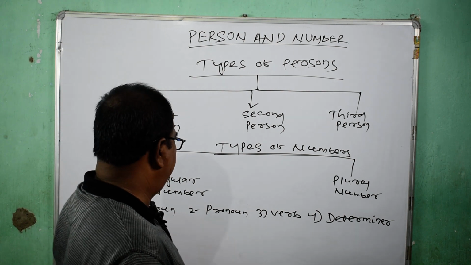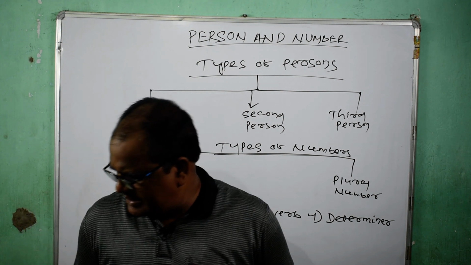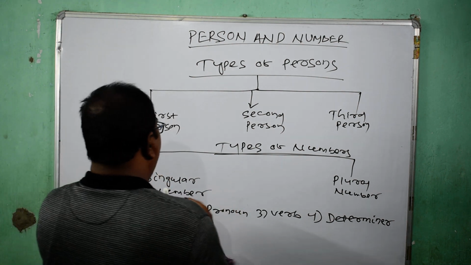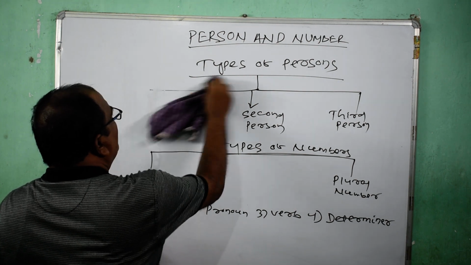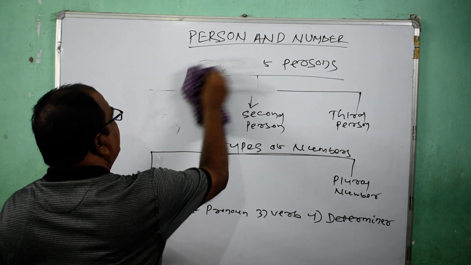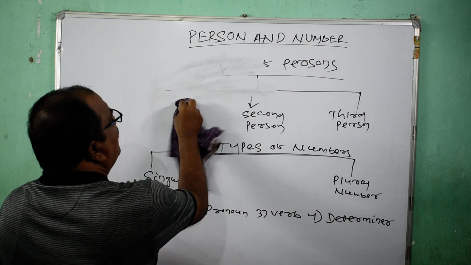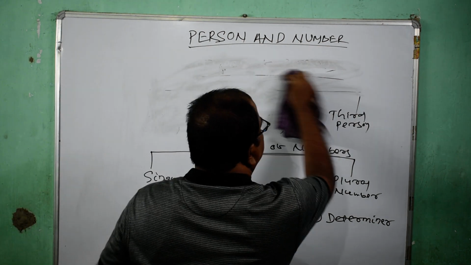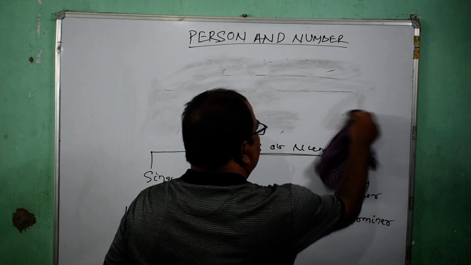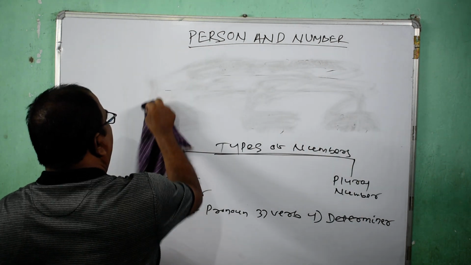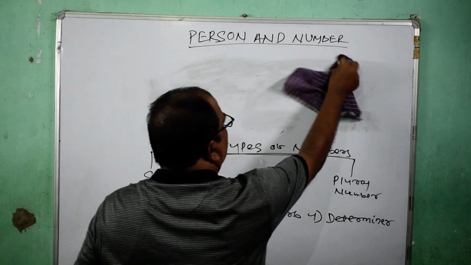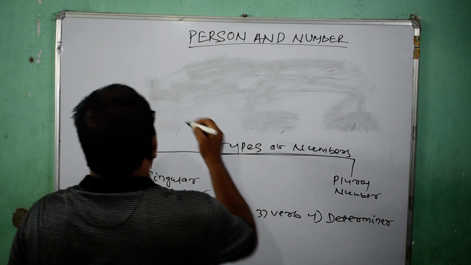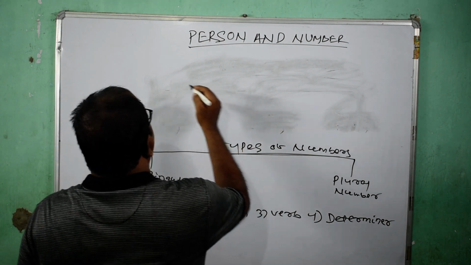So, here we can take examples of two sentences in which we will see how these four categories of words have both singular and plural forms. From the examples, I hope you will be able to clear your doubts and your concept.